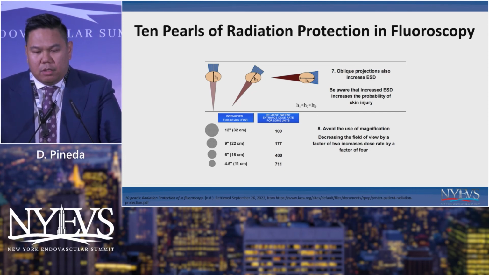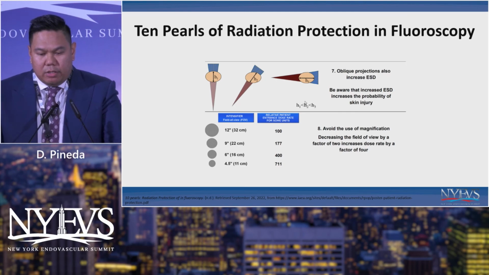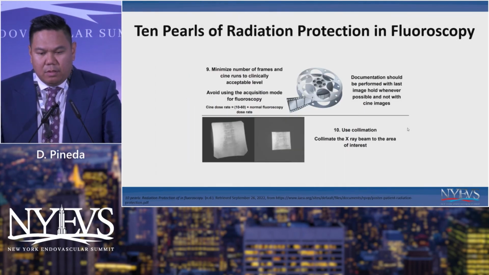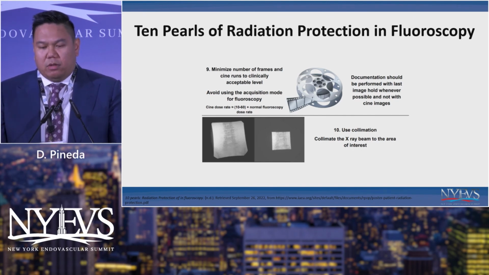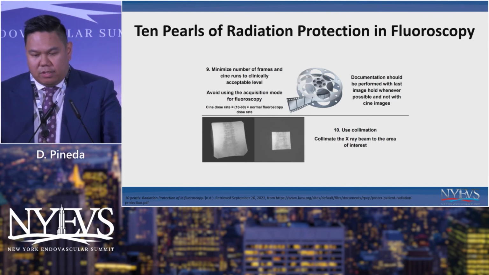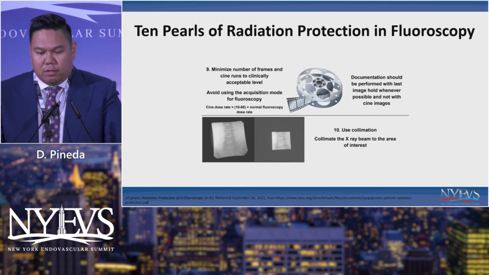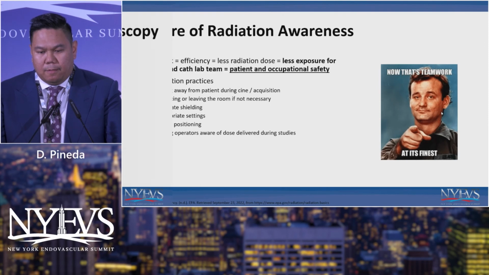Oblique projections increase the estimated skin dose, as does the use of magnification. Most importantly, minimize the number of runs and Cine runs in the cath lab, by using FluoroSave versus Cine to document our interventions, and use of collimation.